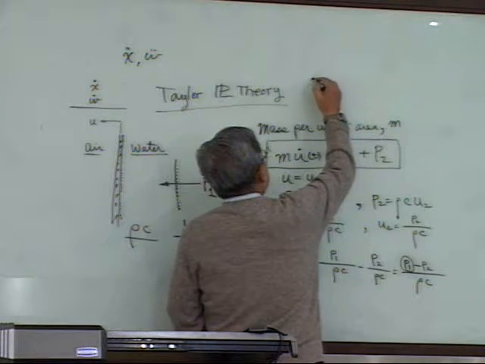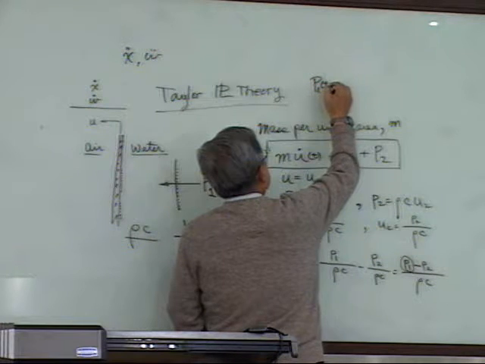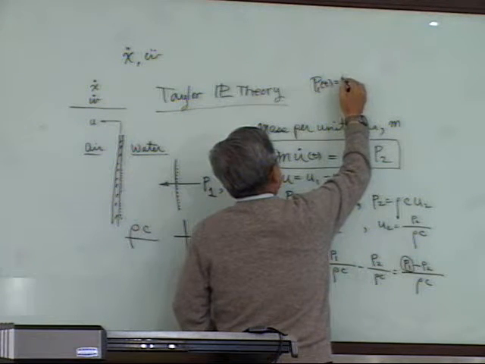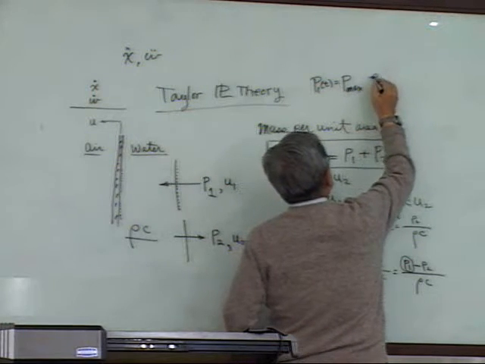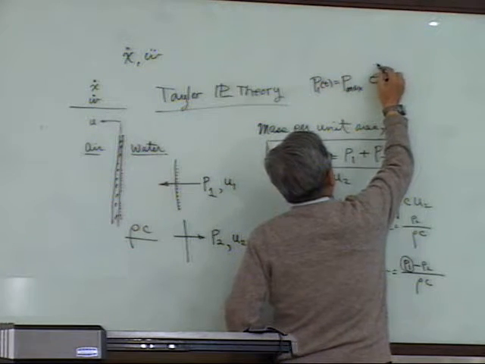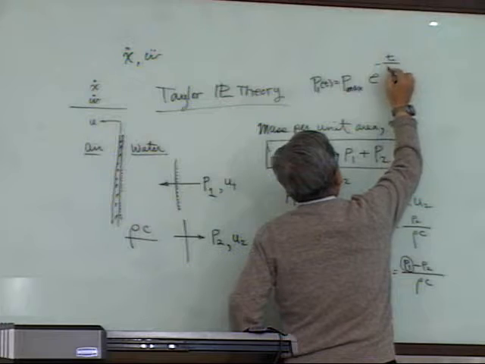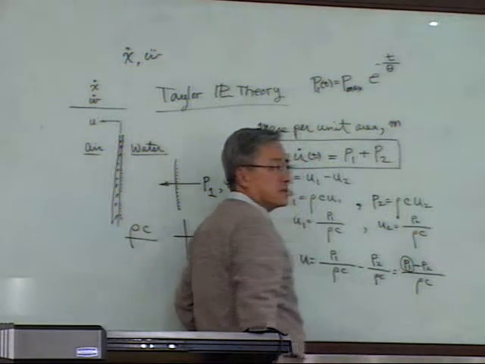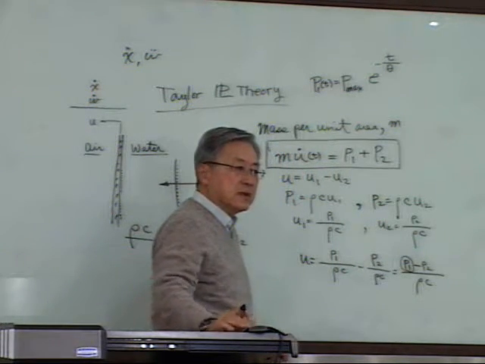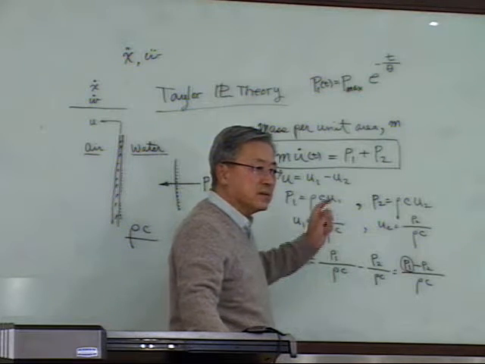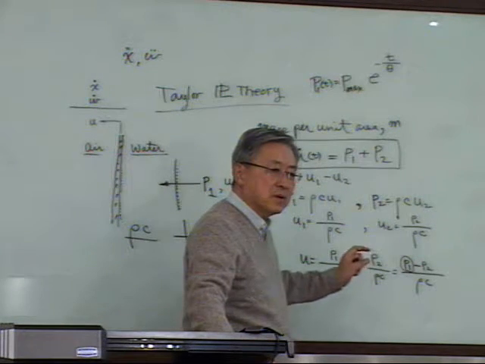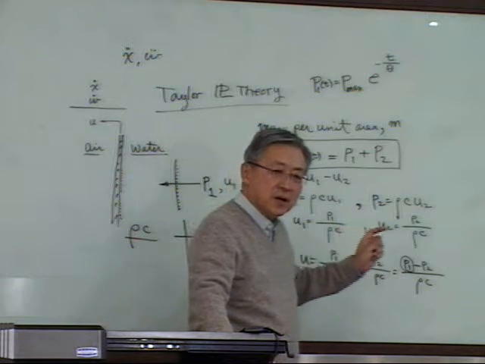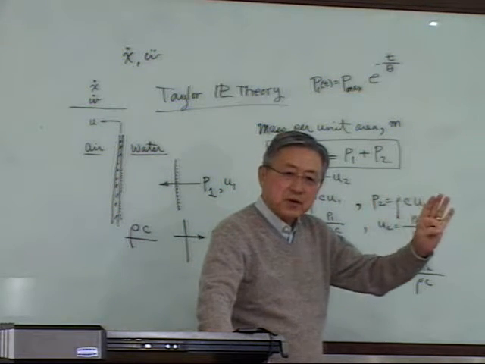Incident shock wave P1 as a function of time T is P max times e to the minus T over theta. You know that. So here the reference T equal to 0 is the time it hit the target, right?